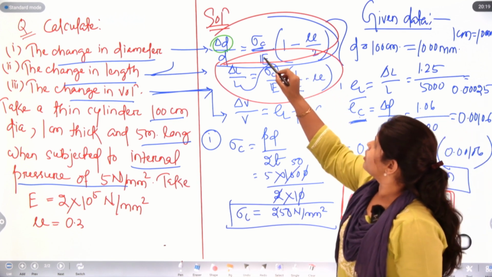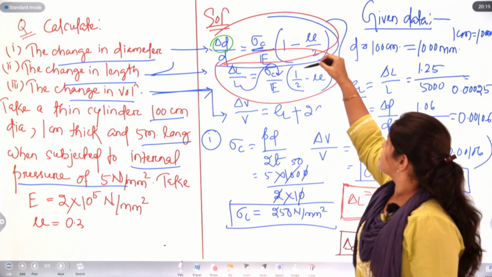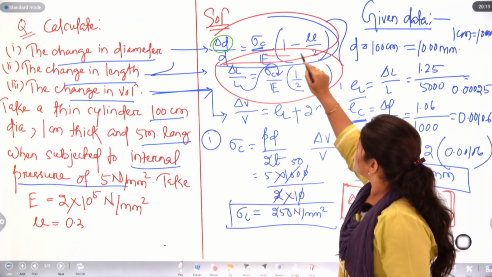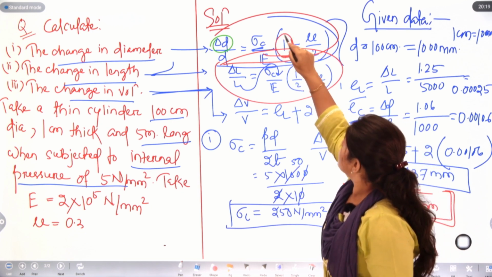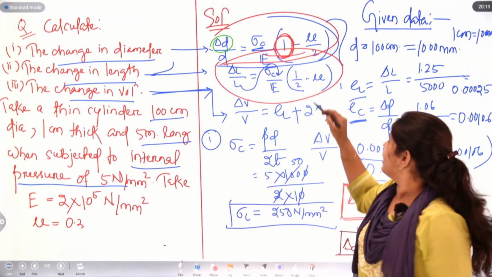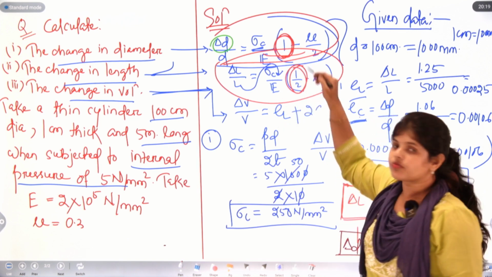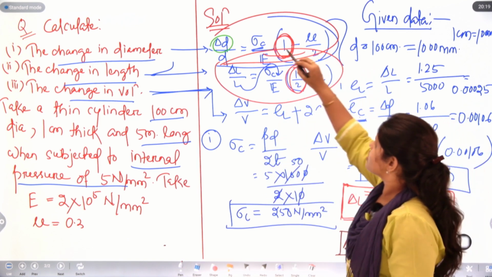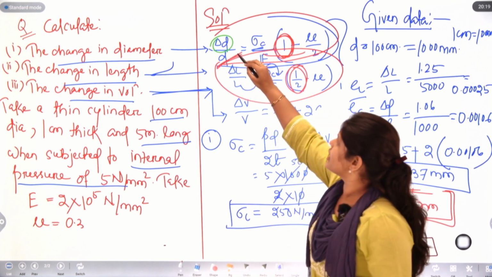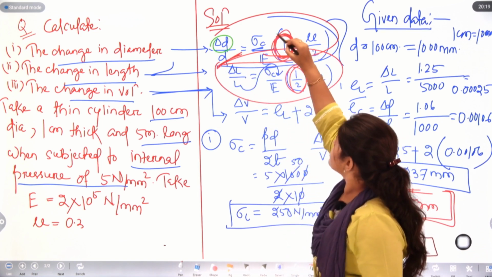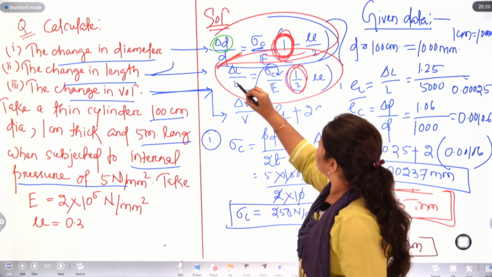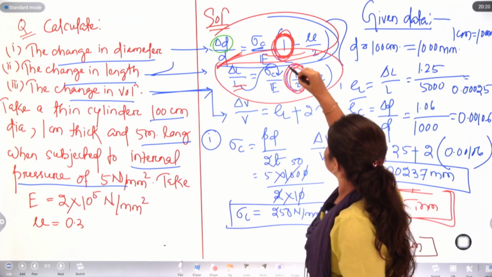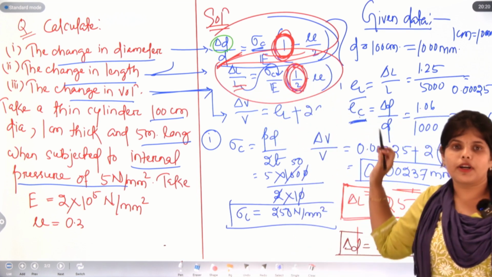So, here also in case of formulas in strain, in circumferential strain this term is bigger than this. So, we will remember these formulas like this. In the calculation of circumferential strain, the first term is the larger one, and in longitudinal strain, the first term is the smaller one.